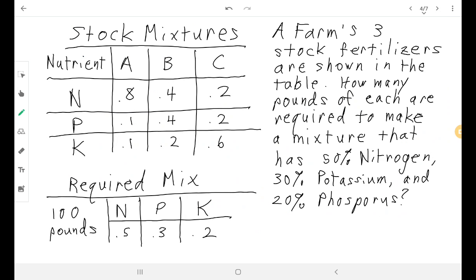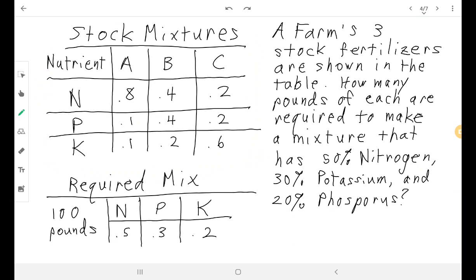Our next problem, we're going to give you several tables and give you a problem. So it says a farm's 3 stock fertilizers are shown in the table. That's this table here, because that's the stock mixtures. How many pounds of each nutrient?